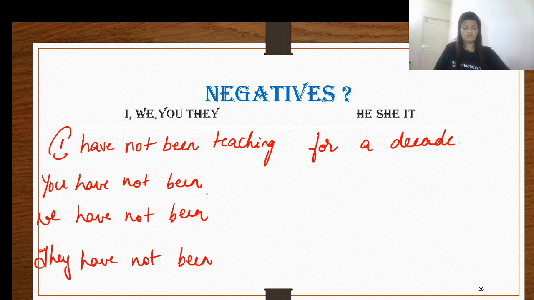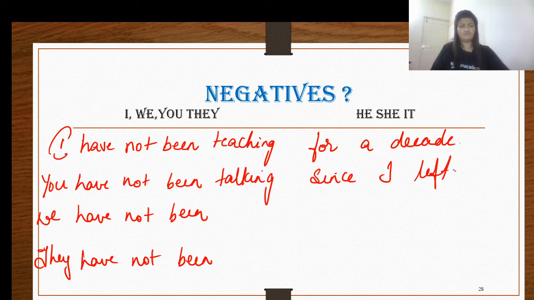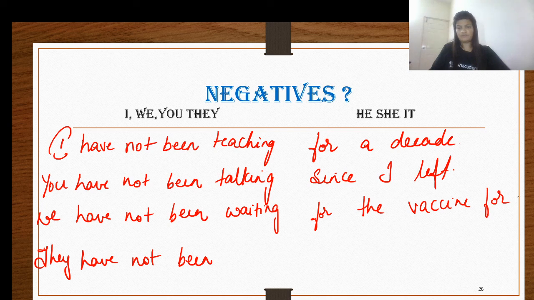You have not been talking since I left. What's wrong? You haven't been talking since I left. Is everything all right with you? You are totally quiet. What happened? We have not been waiting for the vaccine for a month now.